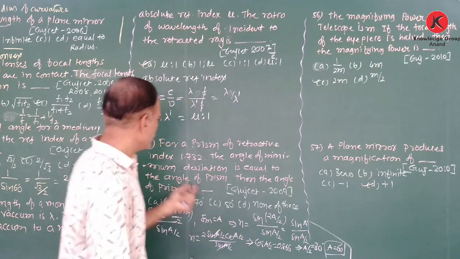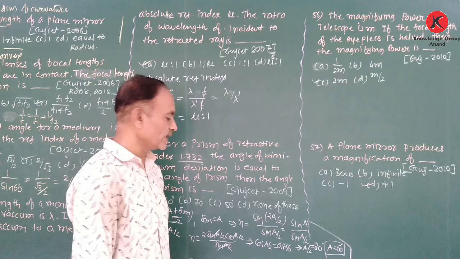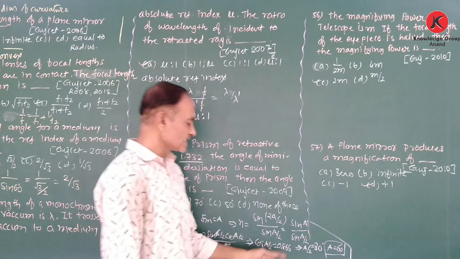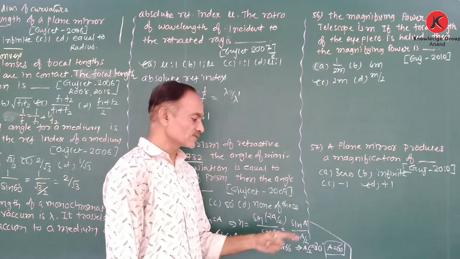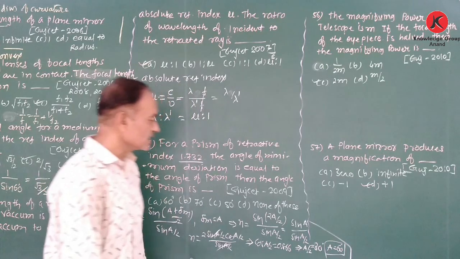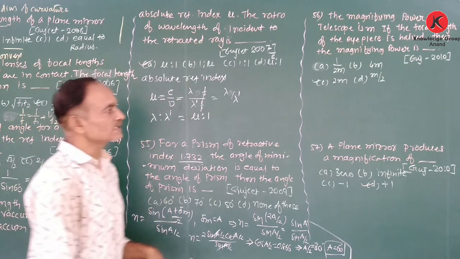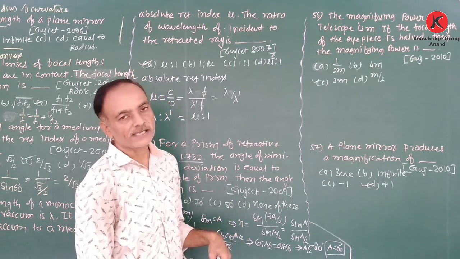Taking the 2 to the other side, with n equal to 1.732, cos A by 2 is 0.866, which is cos 30. So A by 2 is equal to 30, therefore A is equal to 60. This is the angle of the prism, asked in 2009.